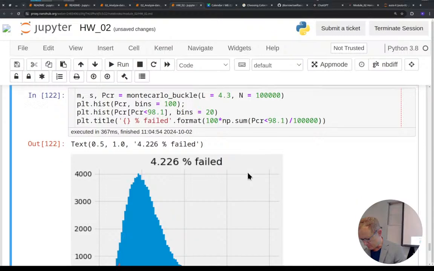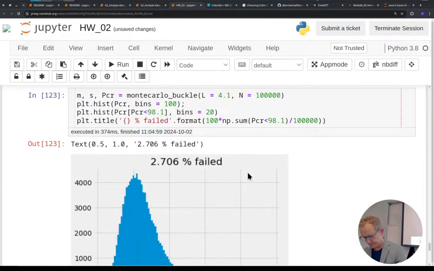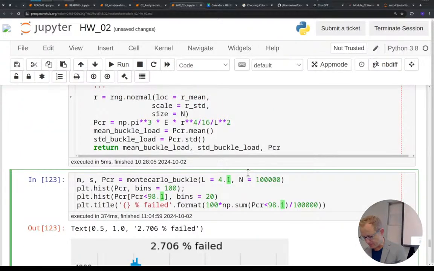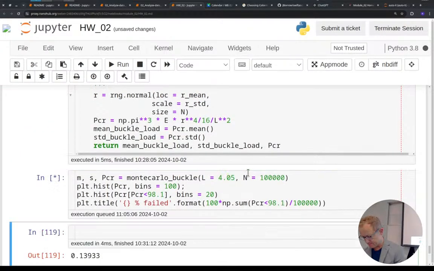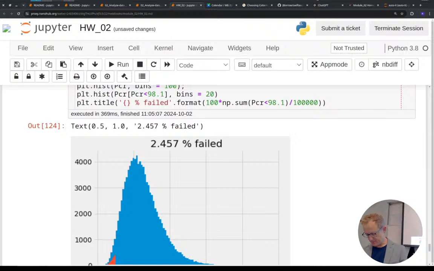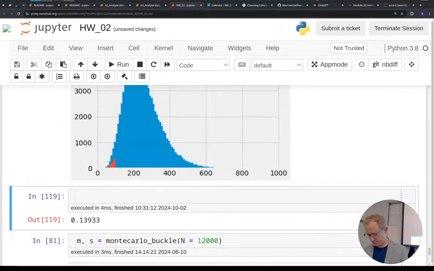Now I've got, oh, too big. 4.1, 2.7, so it's somewhere around 4, at least based on this analysis with these random numbers. Cool. All right, thanks.